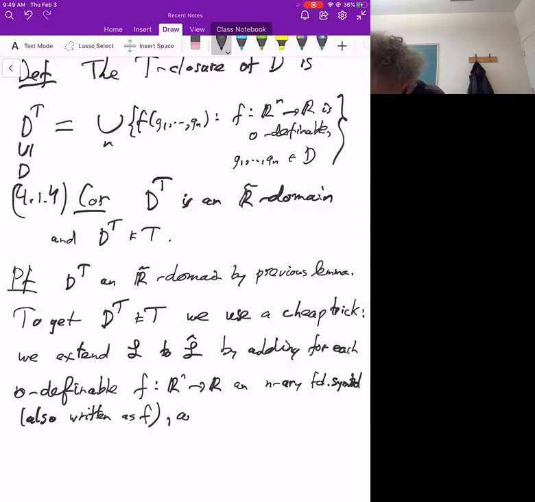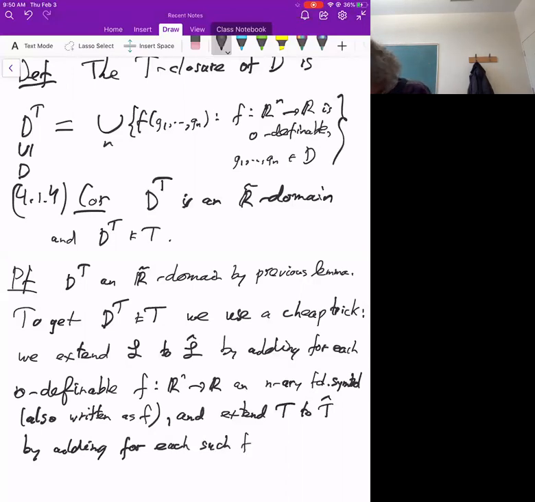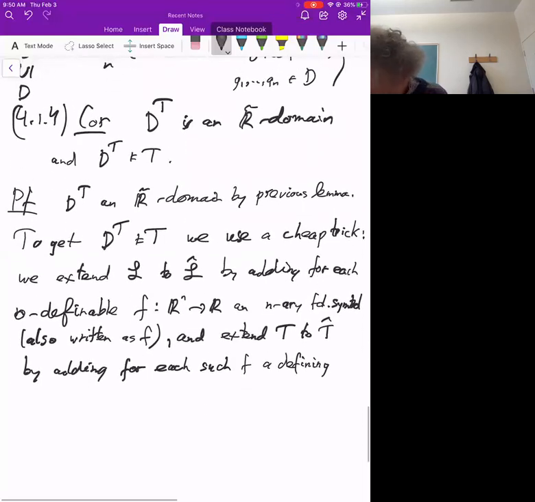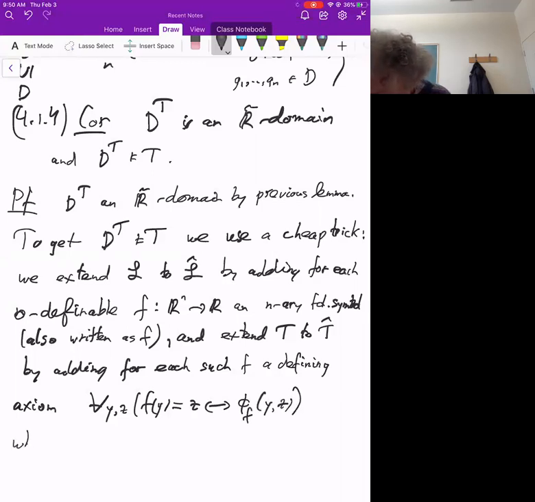And we extend T likewise to T hat by adding for each such f a defining axiom, which defines the function symbol: for all y, z, well, it defines the graph, so to say, of f, where phi_f(y, z) is some quantifier free L formula.